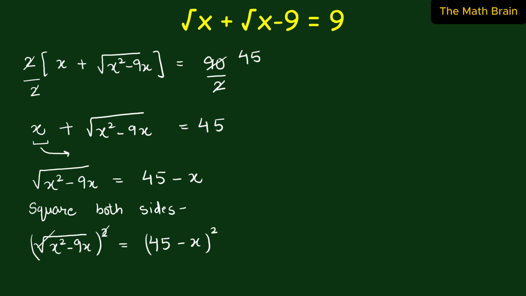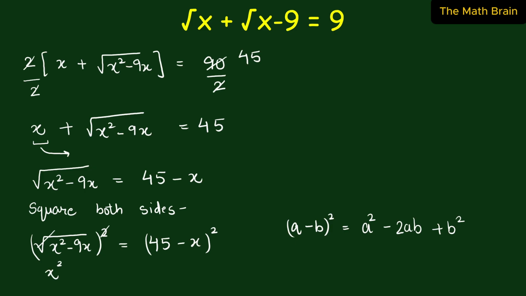So this root and square will cancel out. And here on this right hand side we are going to apply the formula (a − b)² is equals to a² − 2ab + b².